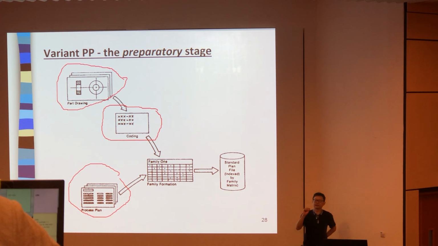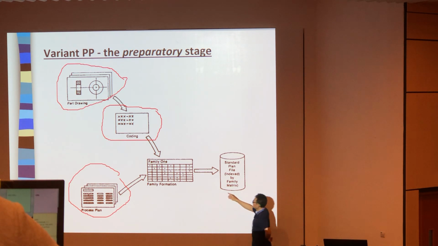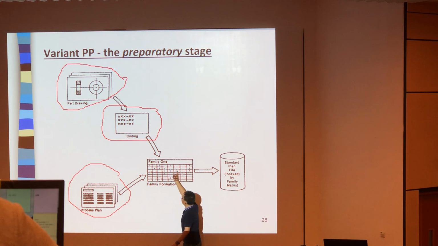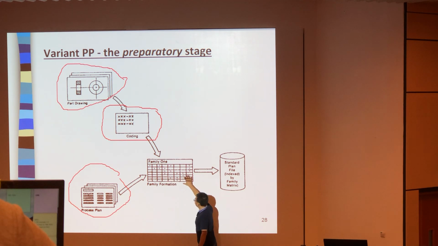And this name is not simply a name tag. Eventually, the functionality of this name is that it will be used for family matching for any new part. So this part, you will see that it looks like a matrix. We call it family, so-called.